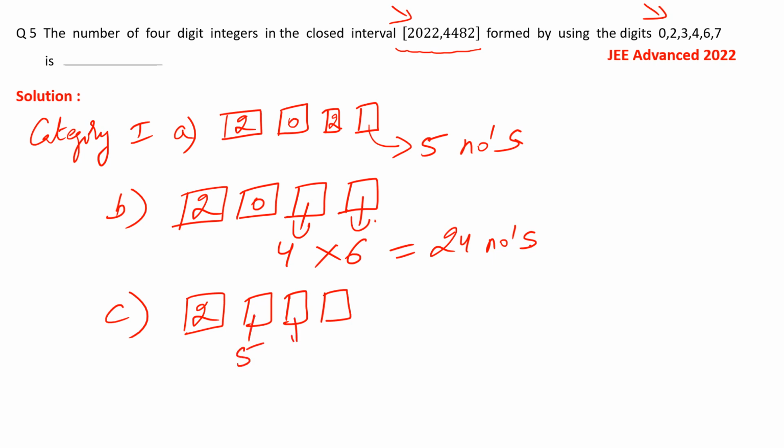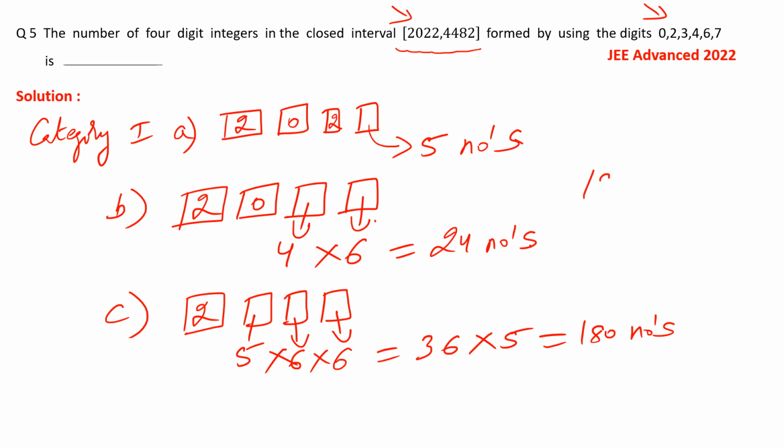And the third digit is going to be any digit among the given digits. Why I'm saying so? Because now I can fill it with 0 as well. Fine. So that means this can be filled in 6 ways, and similarly the last digit will also be filled in 6 ways. So by using fundamental principle of counting, I will be getting 36 into 5 or 180 such numbers. Fine, right?